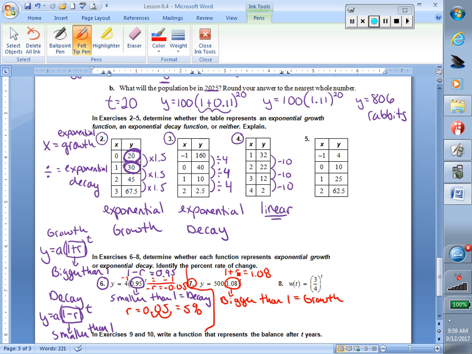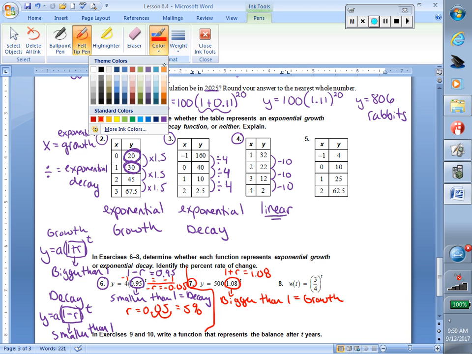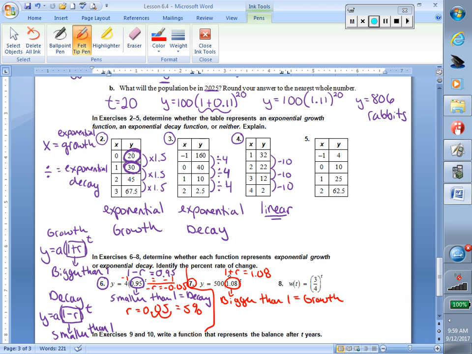So we have to figure out what did we add to 1 to get 1.08. If you need to, just solve the little equation. Subtract 1 from both sides. r equals 0.08.